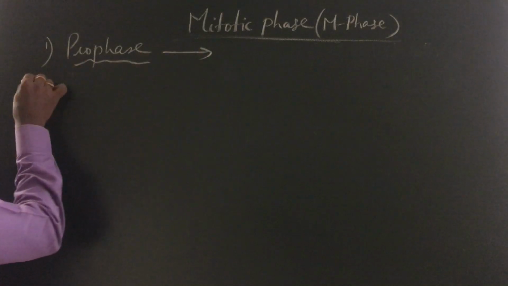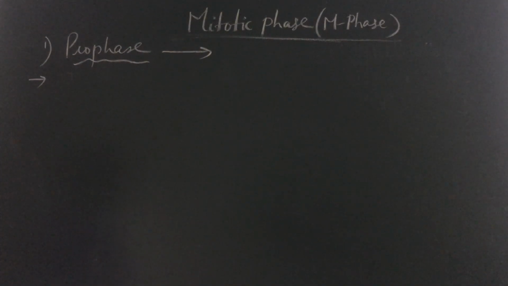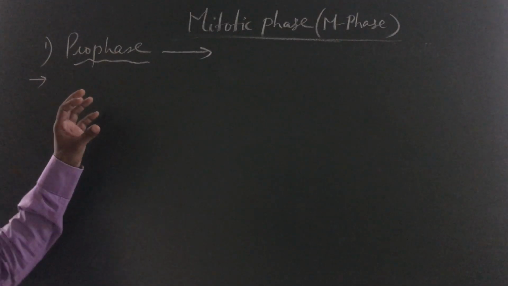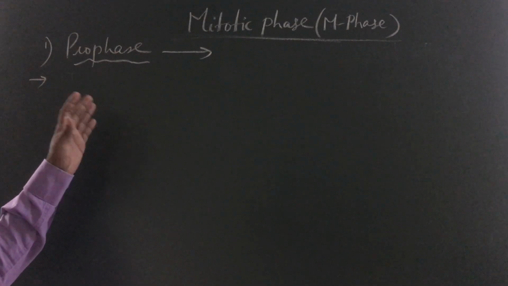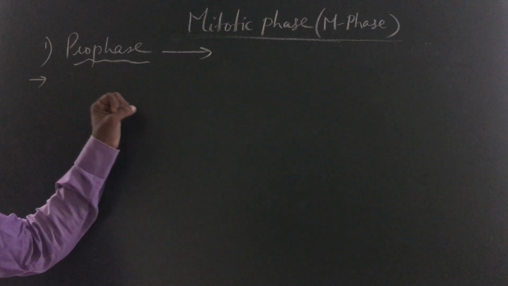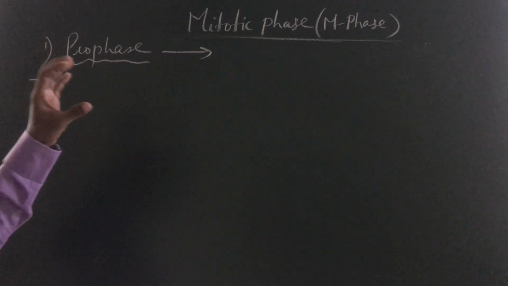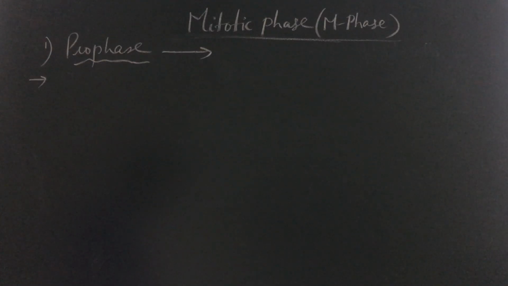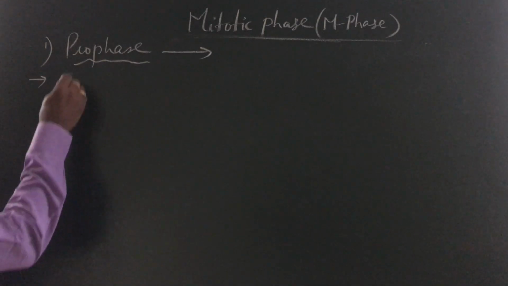So what are the events that take place in the prophase? Here, the nuclear changes we observe are condensation of the prochromosomes.